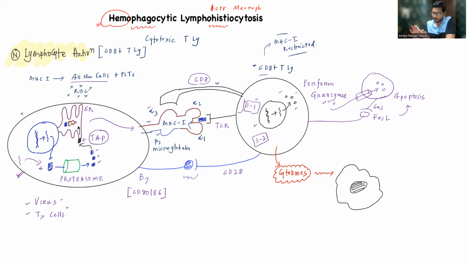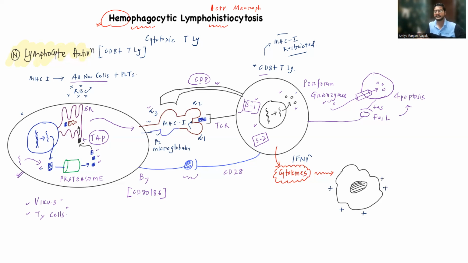But apart from this, when these T cells are activated, they will also produce some cytokines. One of the important cytokines is interferon gamma, and these cytokines will cause recruitment and activation of the macrophages.